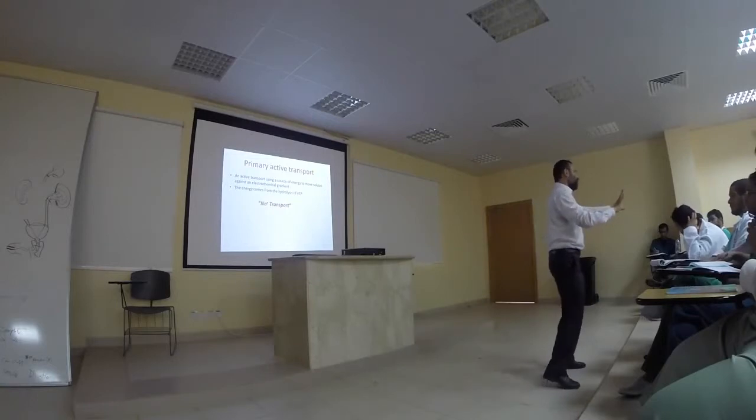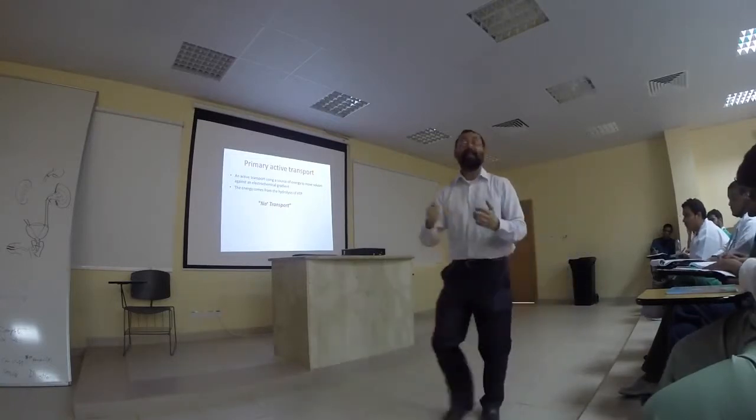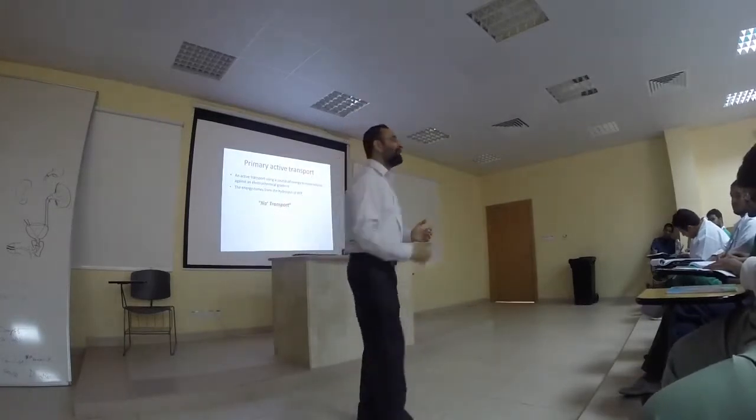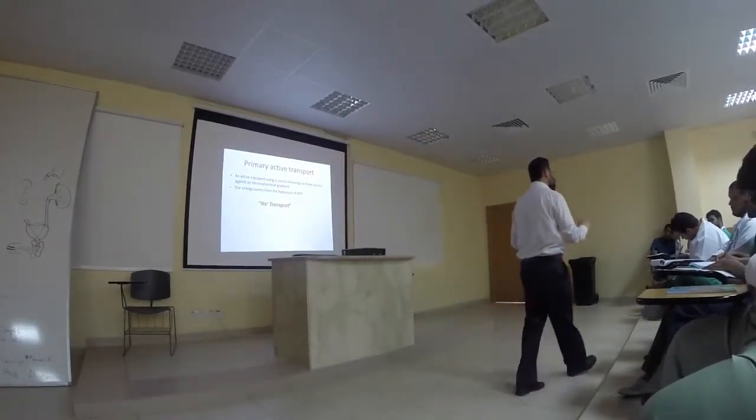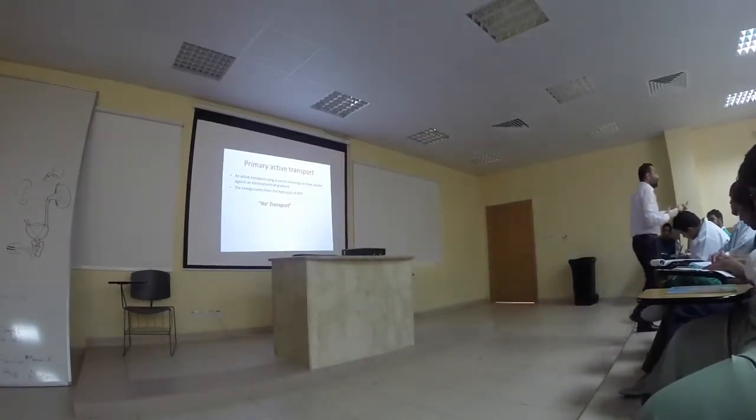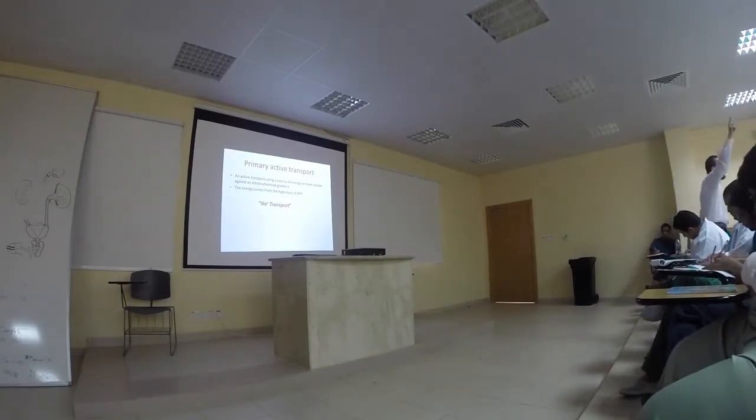Yes, it is uniport. Passive diffusion. But give me the other name. Thank you very much. It's facilitated diffusion. It's a carrier-mediated facilitated diffusion, because I use one word in this qanun of transport: from high to low, so you will call it diffusion. Because you are using a carrier, it's called facilitated diffusion.